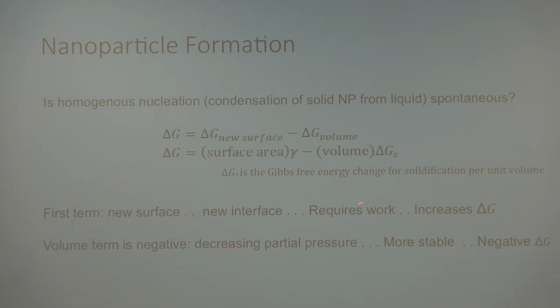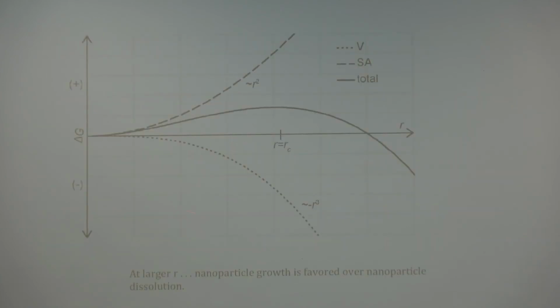Read this section. This is a well-written section. It's like 5 paragraphs. It's super easy, okay? And so then she plots this term of, you've seen this before, volume goes with the cube of the radius, surface area goes with the square, and then this is the overall contribution in looking at the Gibbs free energy, okay? So there comes some point at which nanoparticle growth is favored over nanoparticle dissolution.